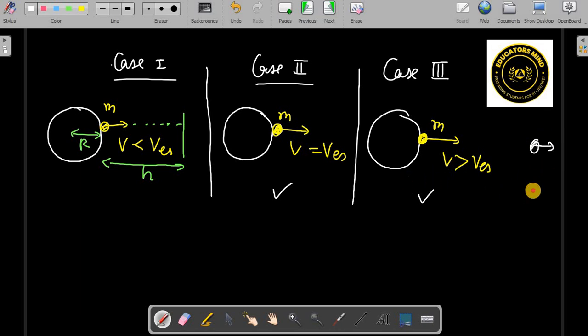When the distance becomes infinity, it will still have some velocity, and we want to calculate that.